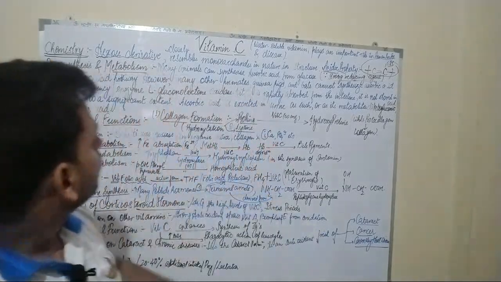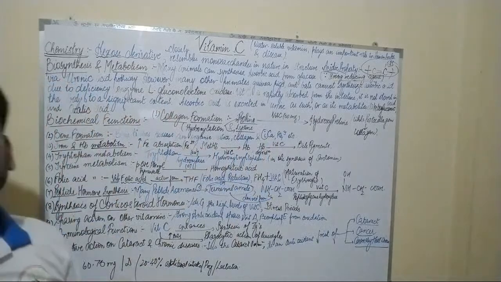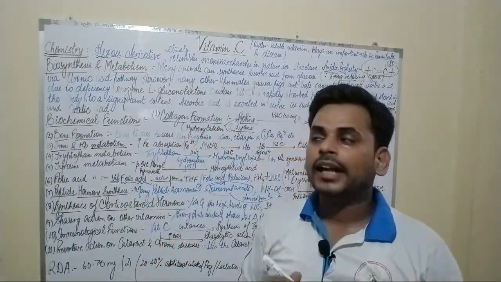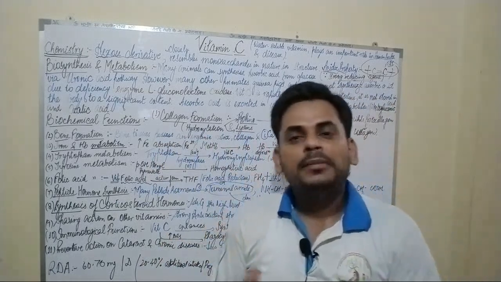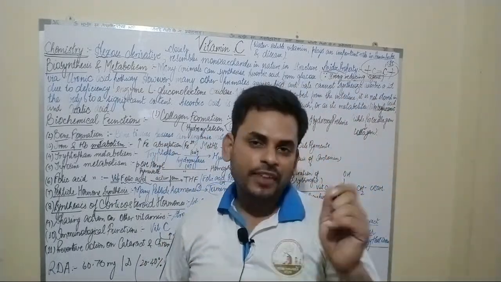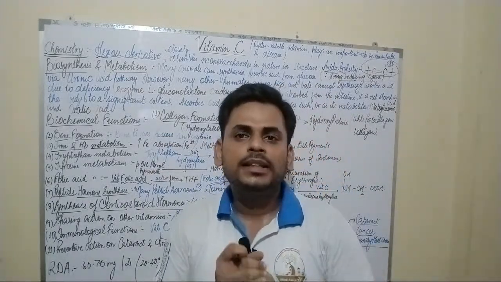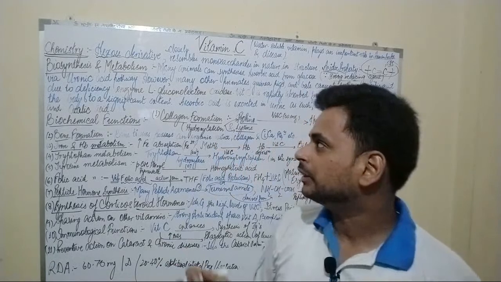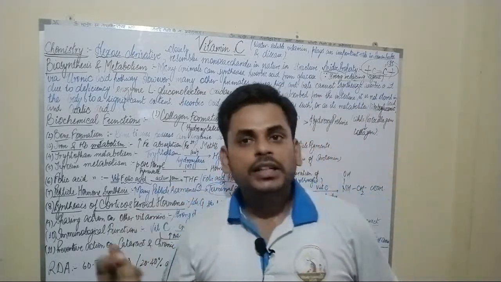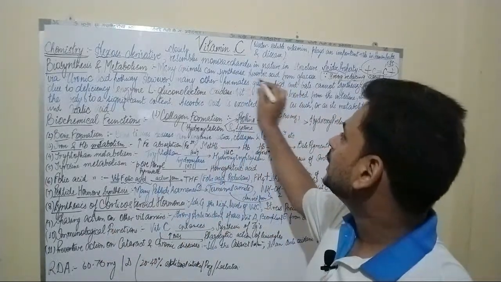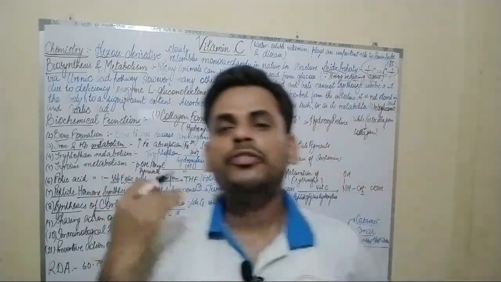So students, moving on to the biosynthesis and metabolism. A very important thing is that in humans, vitamin C cannot be synthesized. The fact I need to emphasize is that vitamin C cannot be synthesized in certain primates and humans, whereas there are certain animals that can synthesize this ascorbic acid from glucose.